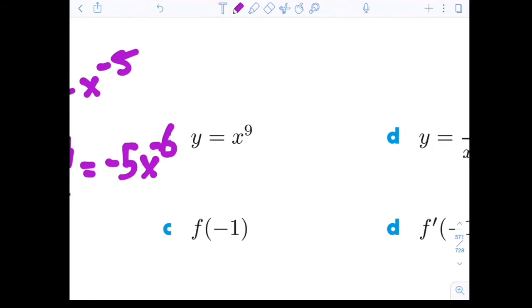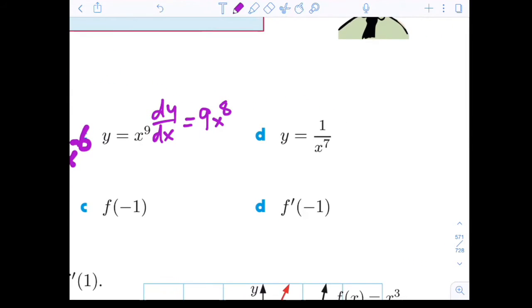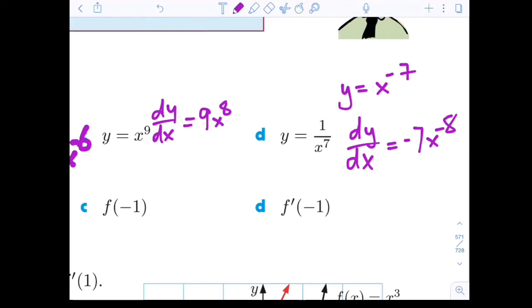Next one, y is equal to x to the power of 9, same idea, dy over dx. 9 is going to become the new coefficient out front because 9 times 1 is 9. X stays the same, and we lose one of our exponents. And same goes for the last one. We have x to the power of 7. I know that's the same as y is equal to x to the power of negative 7. So if I'm looking for my derivative, dy over dx, it's going to become negative 7x to the negative 8 because we lose one of our exponents.